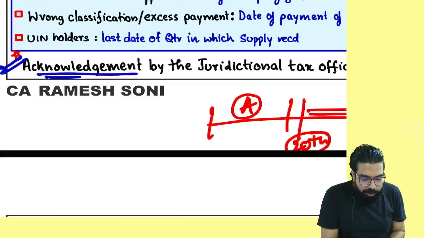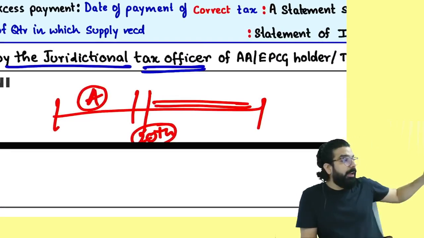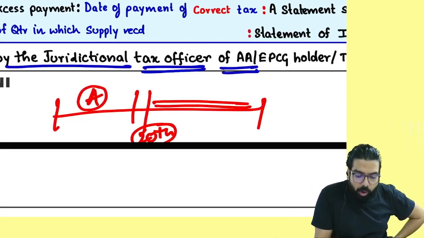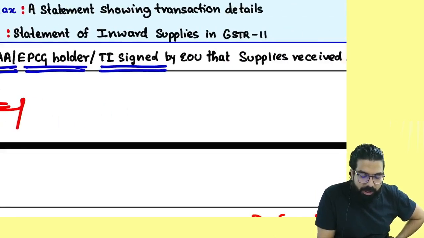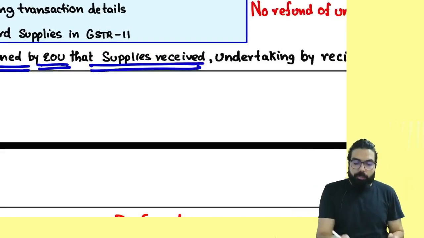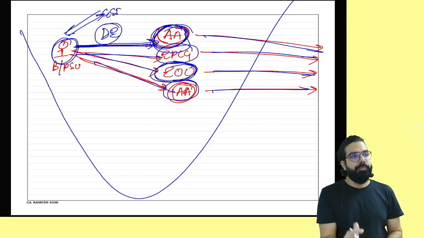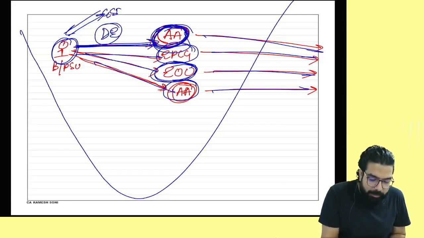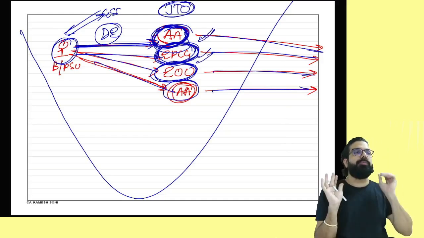An acknowledgement by the jurisdictional tax officer of the advance authorization holder or the EPCG authorization holder, or the tax invoice signed by the EOU that they have received the supply. You have to give an acknowledgement that the EOU has received the goods, or take an acknowledgement from the jurisdictional tax officer that these people have received the goods.